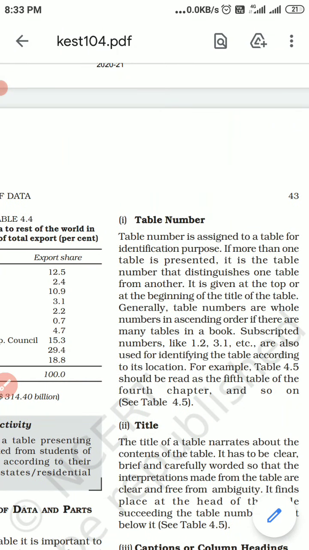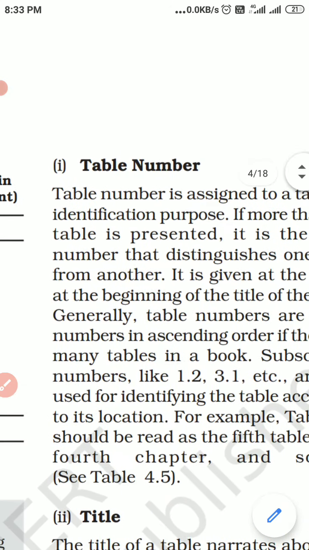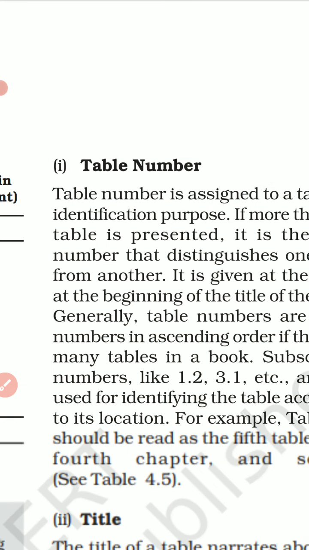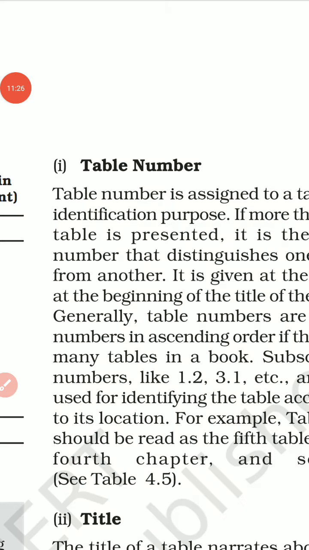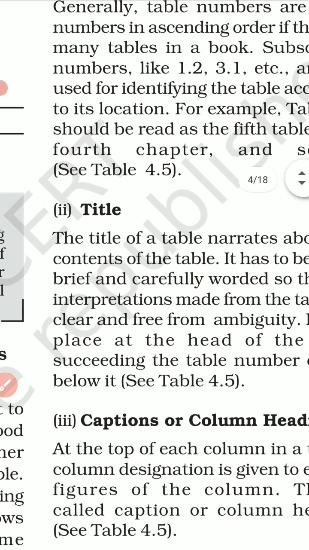table number. First is table number. Whatever table we are making, we have to put a number on this table, that this is table number 1, 2, 3, etc. Next is title. So you know very well about title.